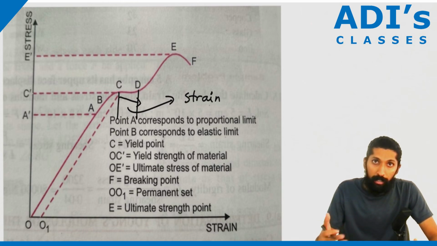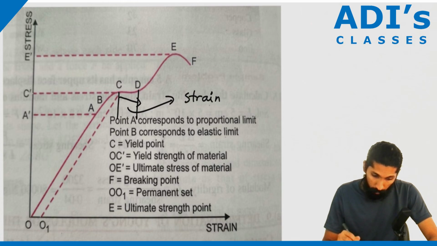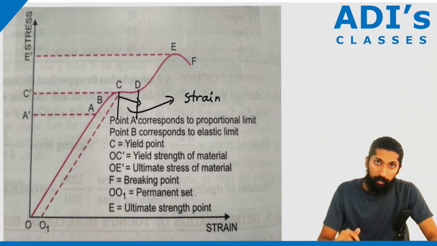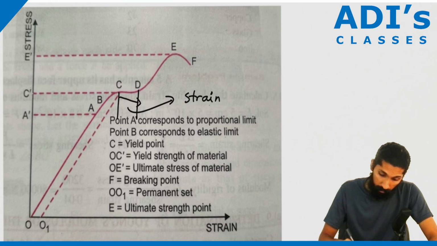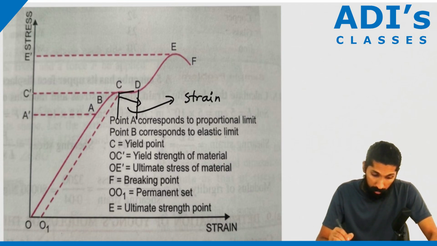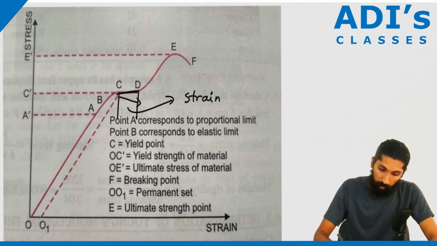It just gives up, it yields to it. So this CD region is the yield region, in the sense that it is beyond the yield point, correct? The corresponding stress from C to D is what we call the yield strength of the body.